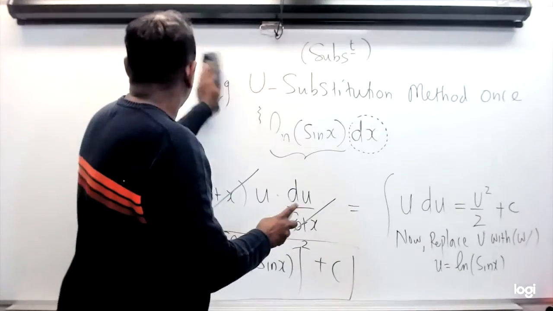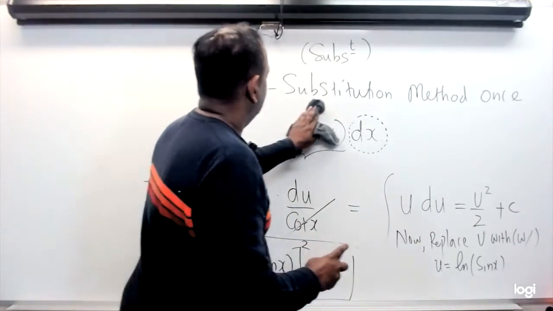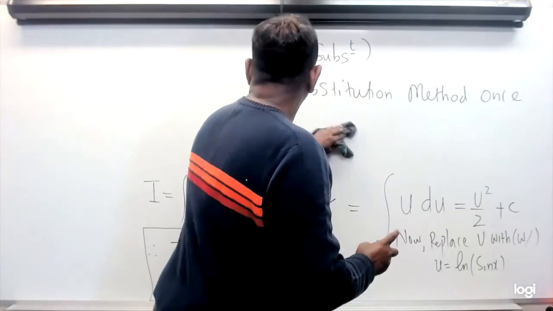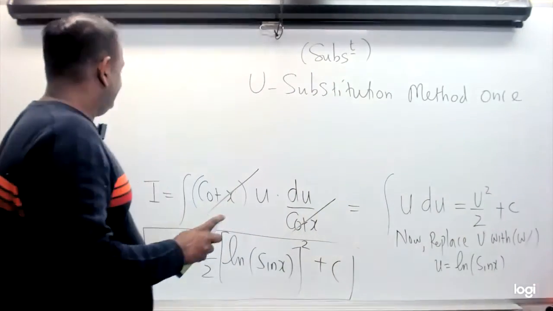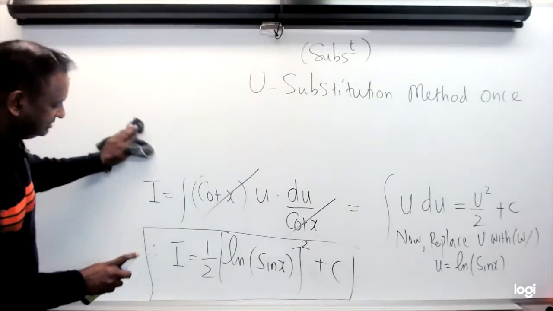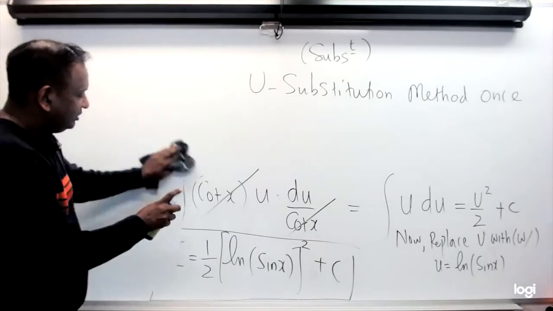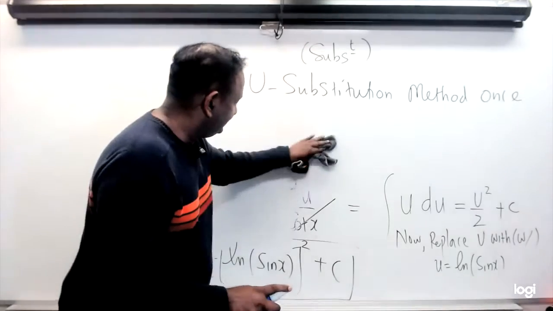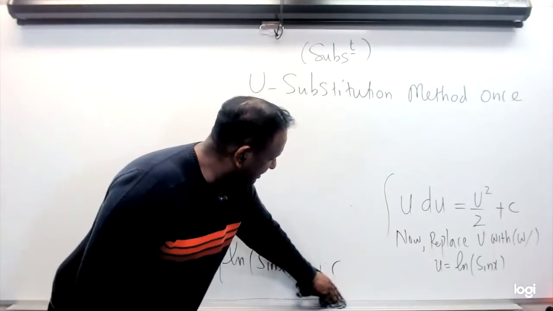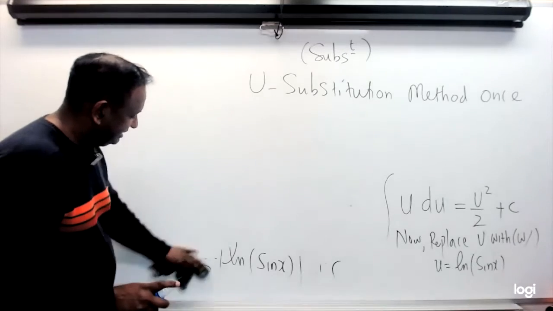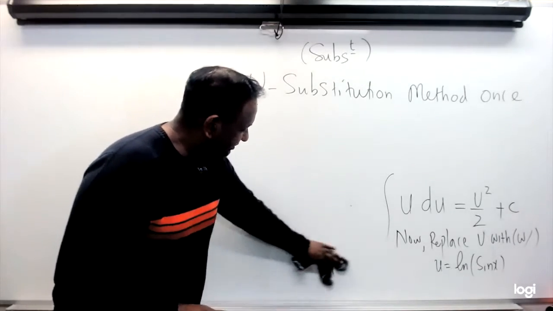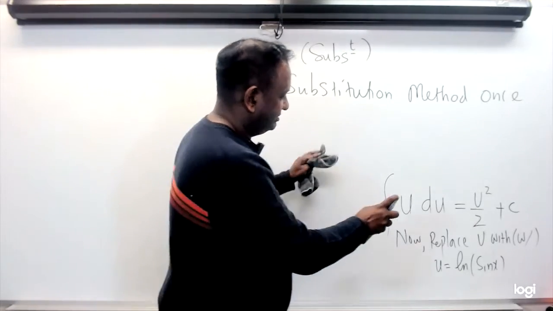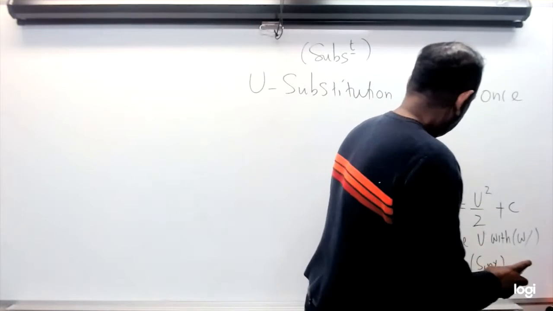Okay, let's go to the third method. Third method, kind of you are using by accident. By accident, you're not going to take the u as ln sine x. Sometimes you might be thinking why we cannot take it like sine x only, go inside and take that one.